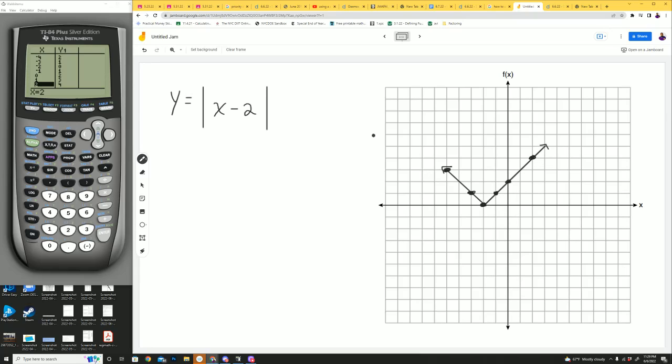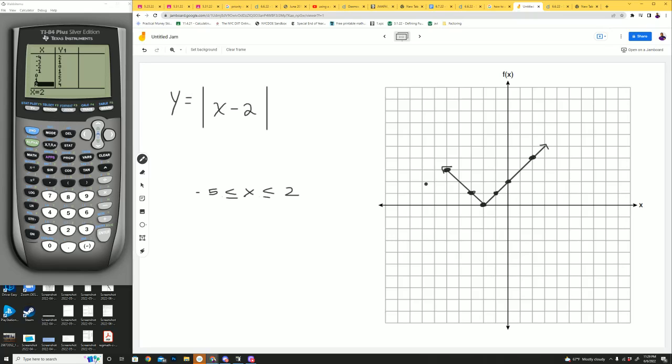Now let's say they asked you to only graph between negative 5 is less than or equal to x, which is less than or equal to 2.